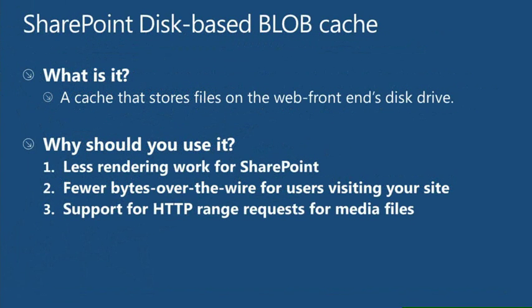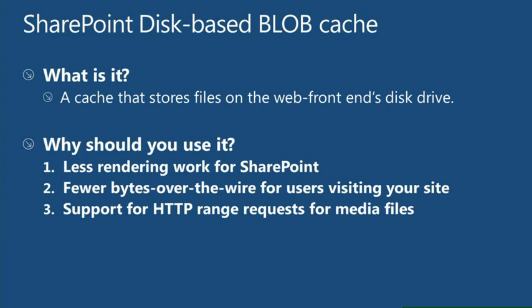Okay, and the last cache is our blob cache or the disk cache. And this is simply a mechanism to store files on the web server front-end disk, a feature that comes from Content Management Server, in fact. And what this means is there's going to be less rendering work done by SharePoint.